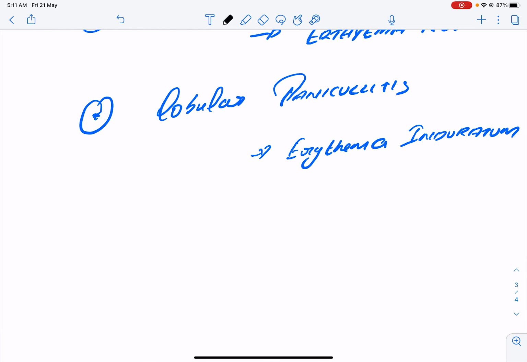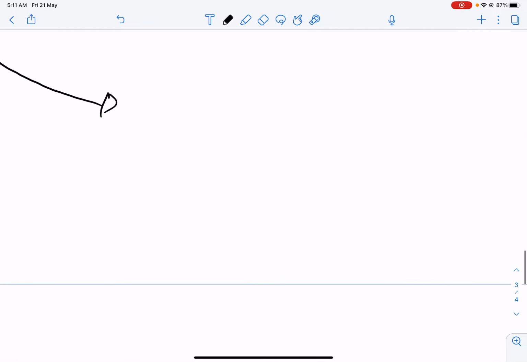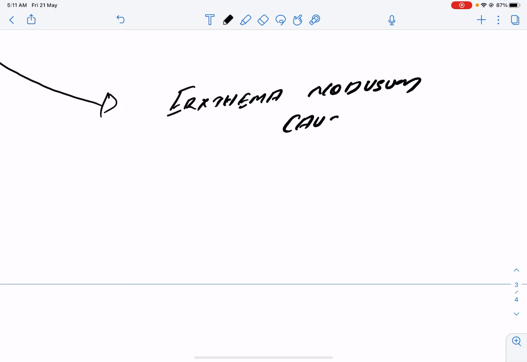Talking here about erythema nodosum, it is a very important and frequently asked exam question in dermatology. What are the causes of erythema nodosum? That is asked in all the exams, that's why I'm mentioning it here.